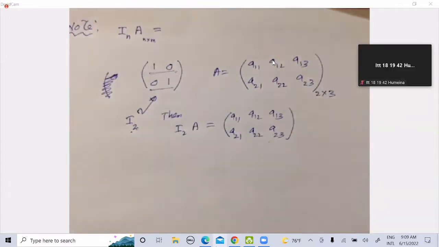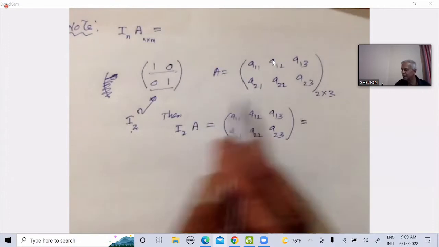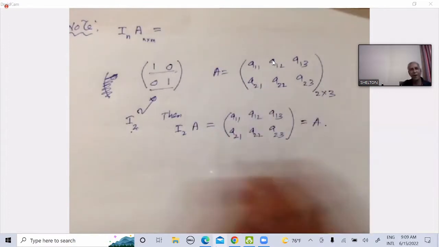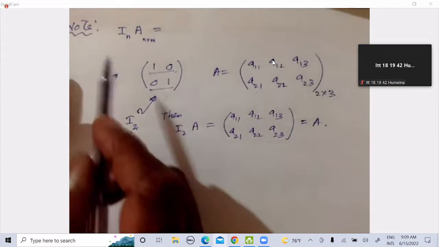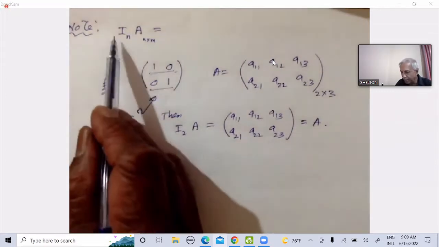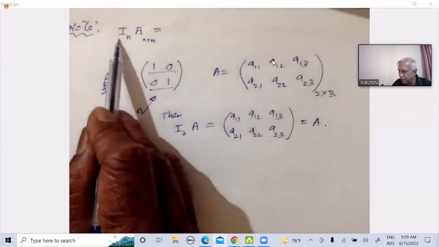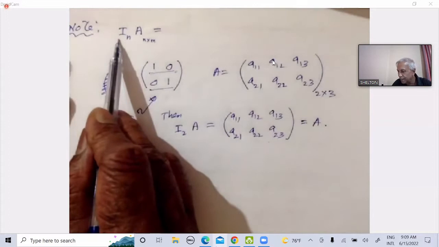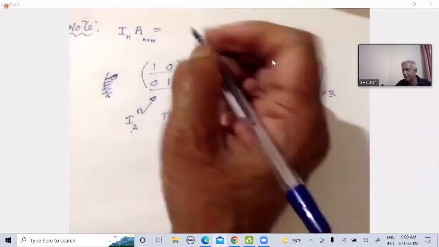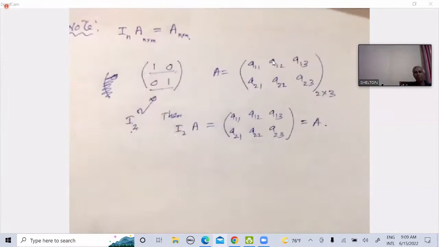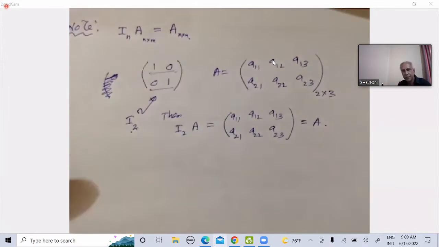What is that? This is equal to A, like the number 1. So I_n times A, n by n, is equal to A. You don't have to write I_n, A is enough. That is the first property.